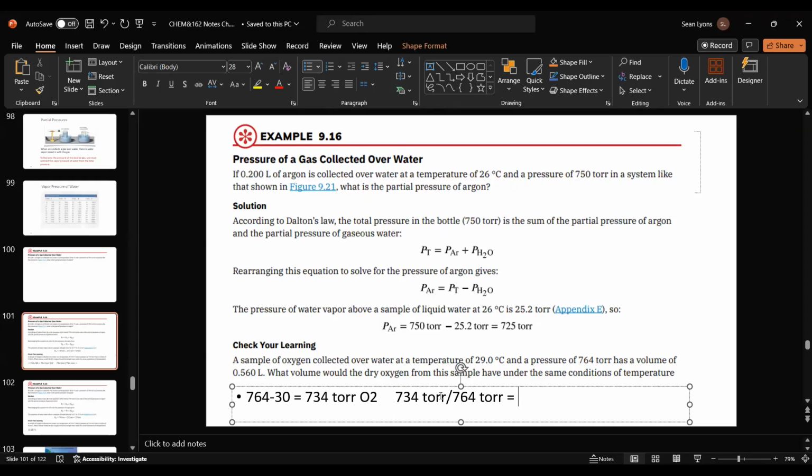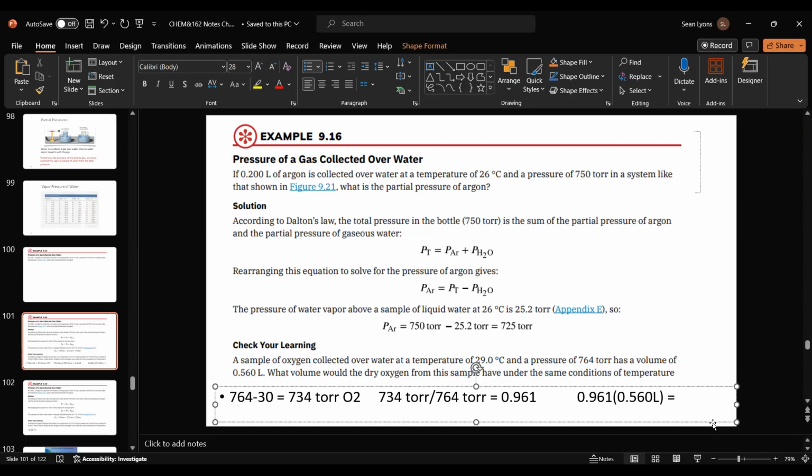734 divided by 764. So we get 0.961. And then what we can do is use that and just multiply it by the same volume, 0.961 times, what was the total volume? 0.560 liters. And again, this only works because with the ideal gas law, every sample, regardless of what it is, it behaves similarly.